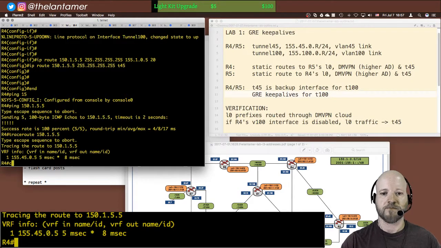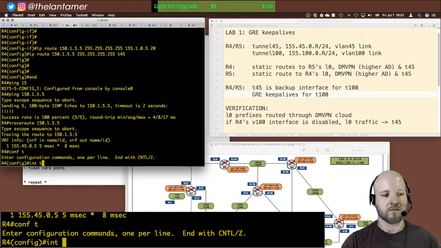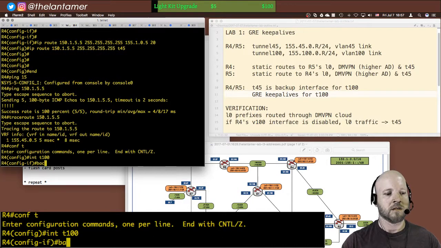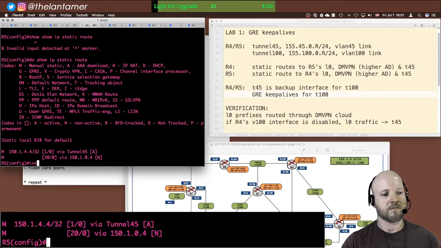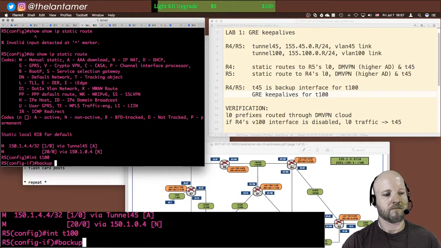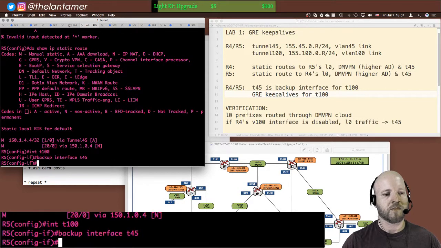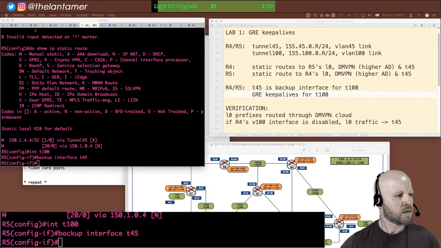However, so this is our backup interface. I'm going to do that on both. And we're going to do the keepalive. So I've already closed that document.